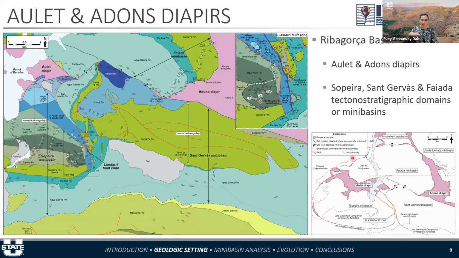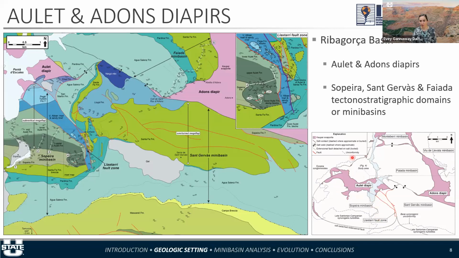All right, so let's focus in on our study area of the Ribagorja Basin. So in the bottom right, I have a very simple diagram to show you, in pink, Triassic Keuper evaporites, these various bodies and their lateral extents and connections, as you see here.